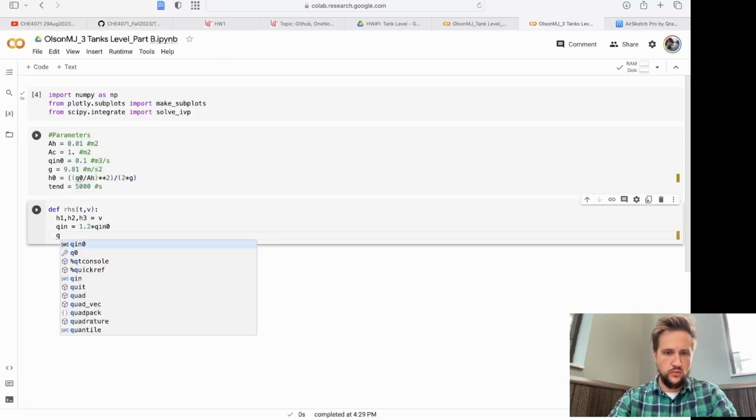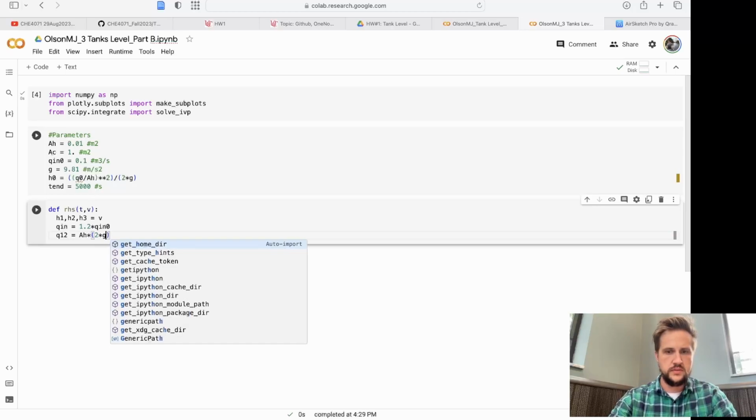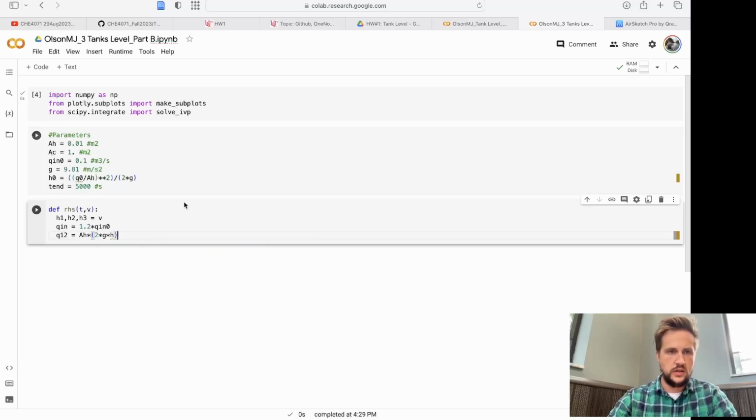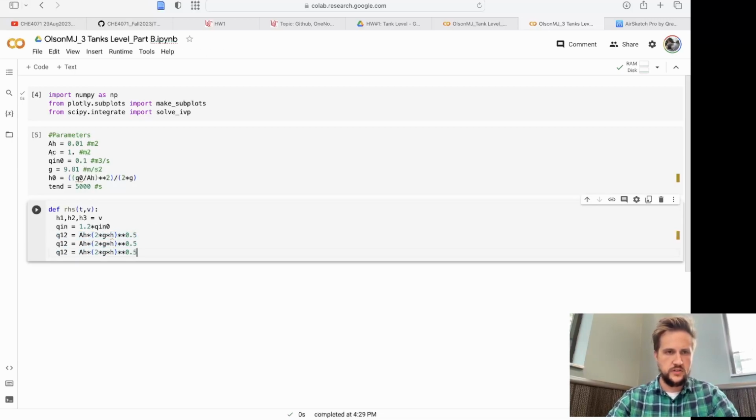So we have Q12 equals A times the square root of 2 times G times H. Then we can copy and paste this two more times and just change the variable name. So we've got Q12, Q23, and Q3. The only thing that changes here is height 1, height 2, and height 3.